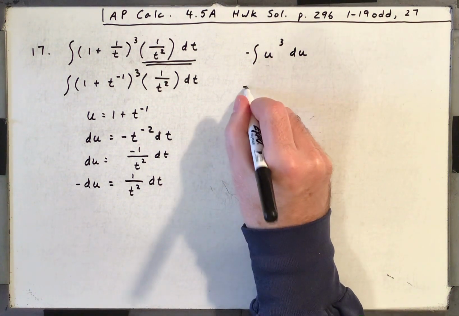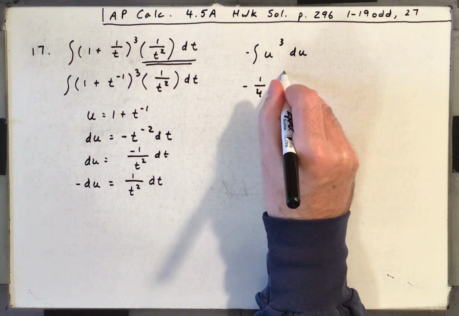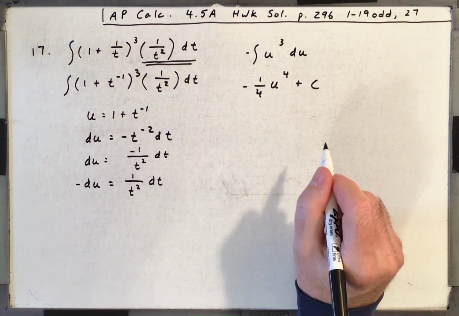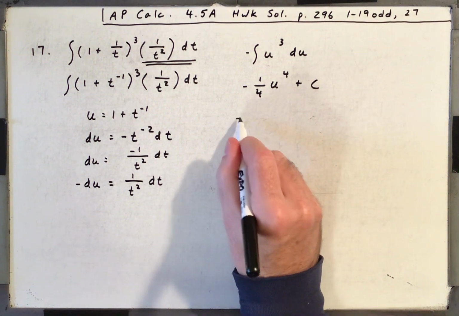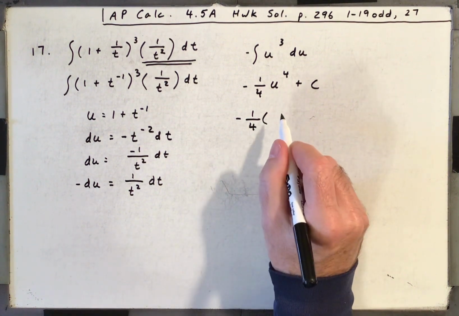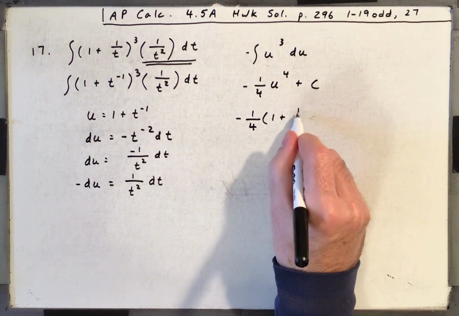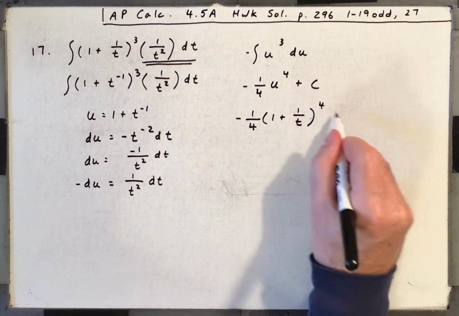So that's going to be negative out front, 1/4 u to the 4th power plus c. All right. Now let's plug that u back in. And we would have 1 plus 1 over t. It's to the 4th power, don't forget that.